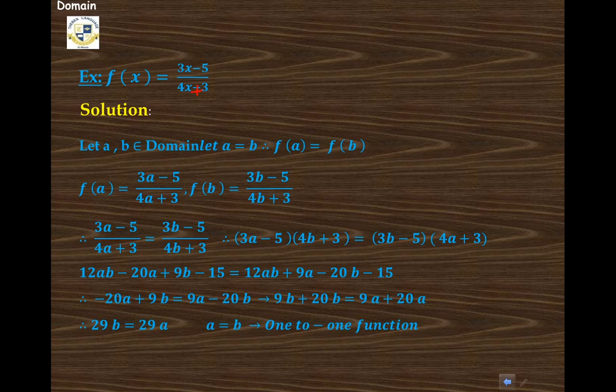Then negative 20a plus 9b equals 9a minus 20b. Then 9b plus 20b equals 9a plus 20a. Then 29b equals 29a. a equals b by dividing both the left hand side and the right hand side by 29. Then a equals b, and this function is a one-to-one function.